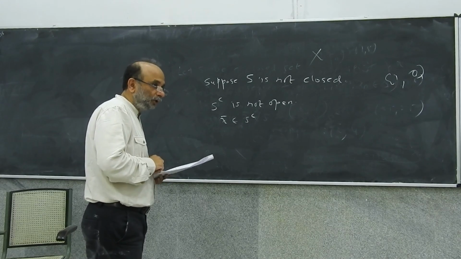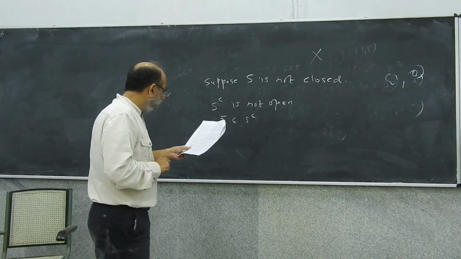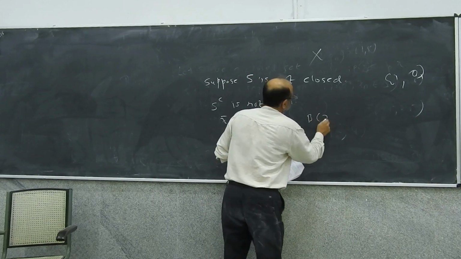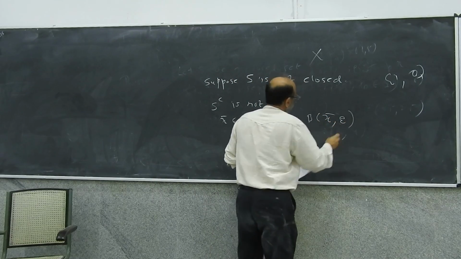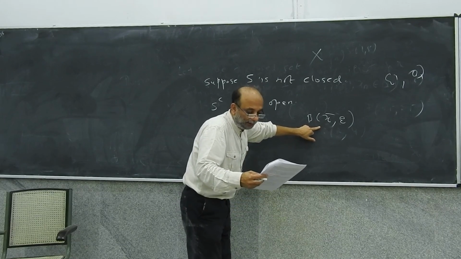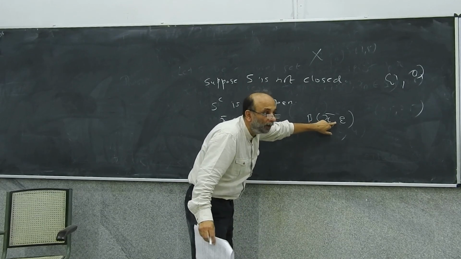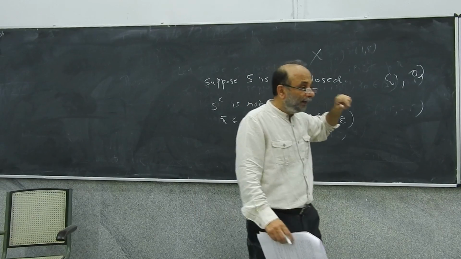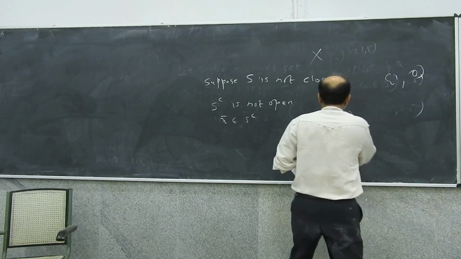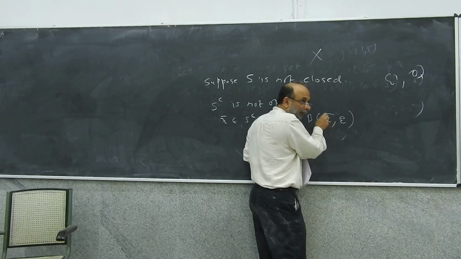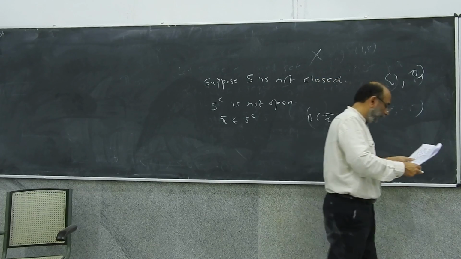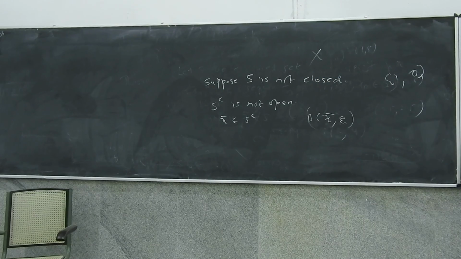Now, the fact that X bar belongs to S complement means that for every epsilon around X bar, because X bar is a limit point of S, the open ball has to contain at least one element of S.